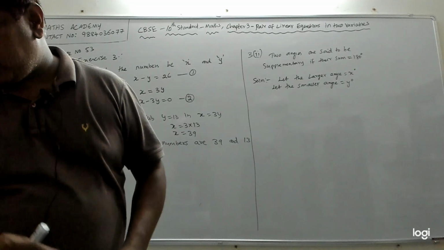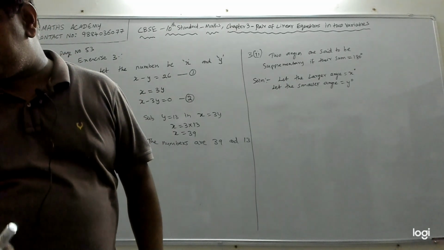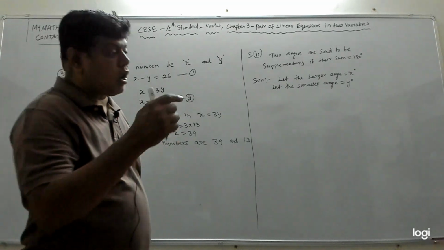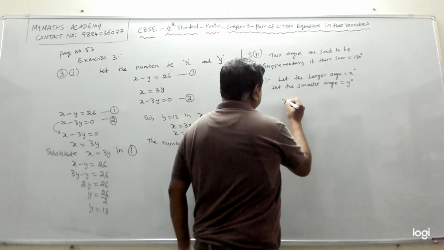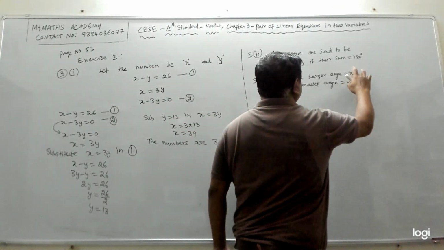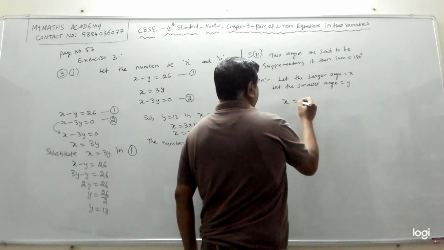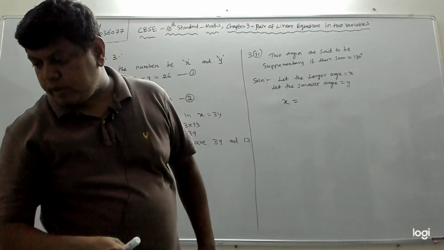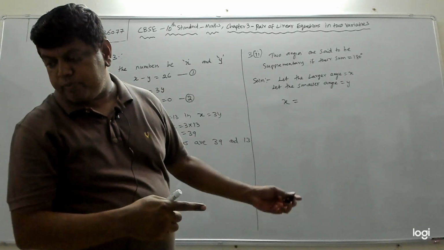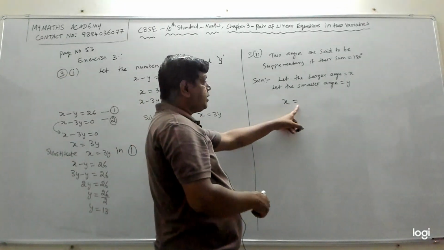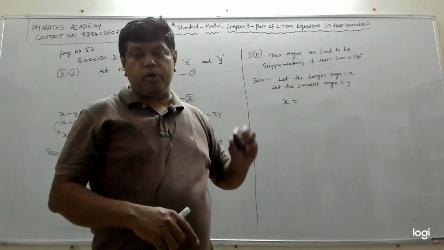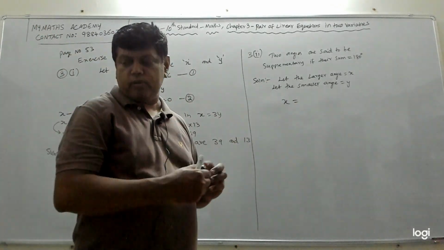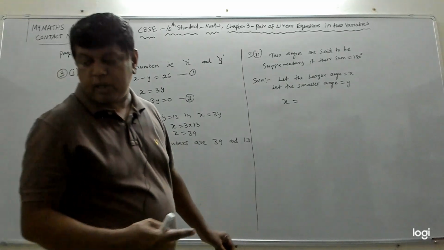So what they are saying, the larger of the two supplementary angles exceeds the smaller by 18. So the larger of the two angles, which means x, exceeds the smaller angle by 18.